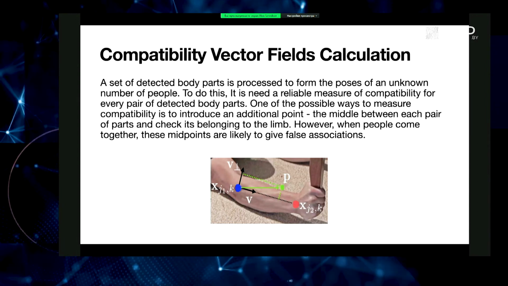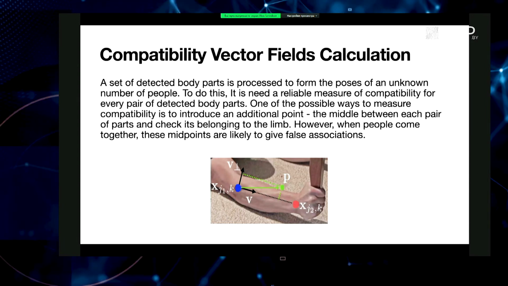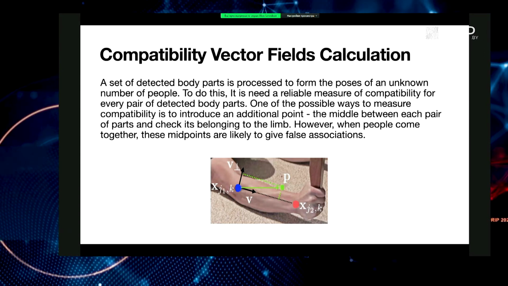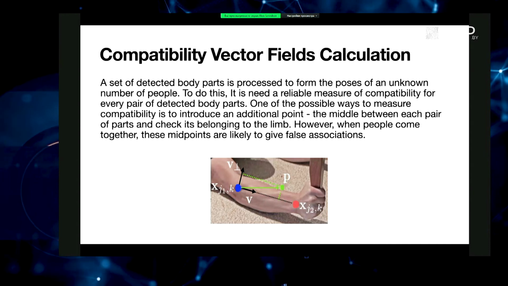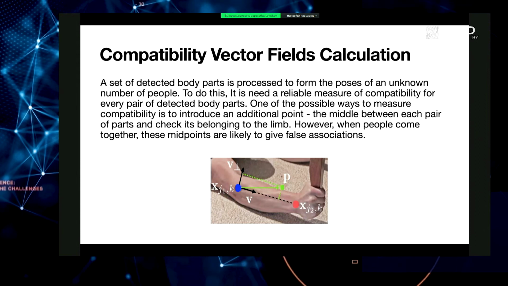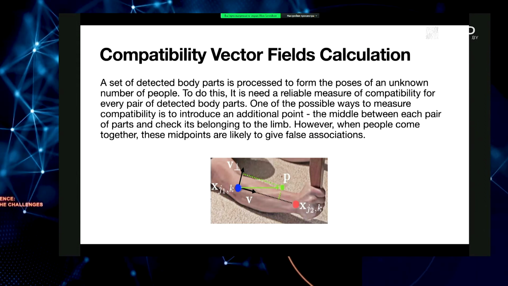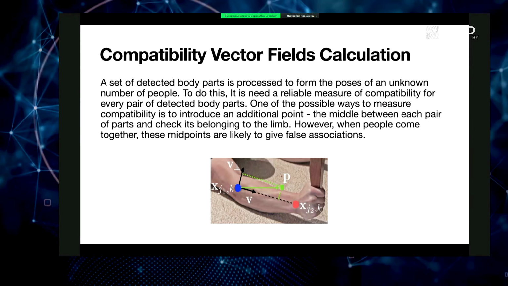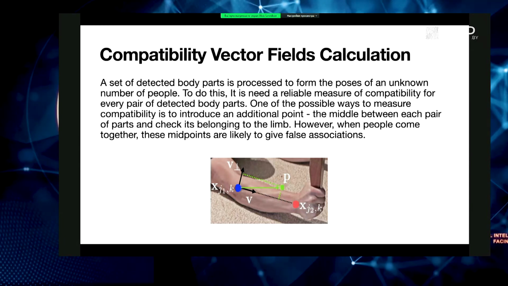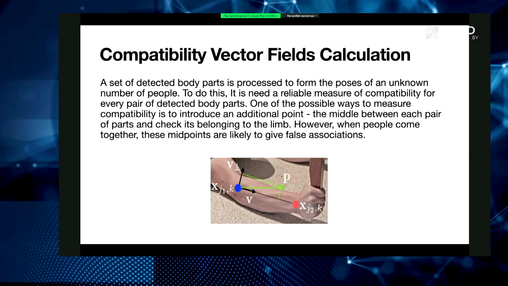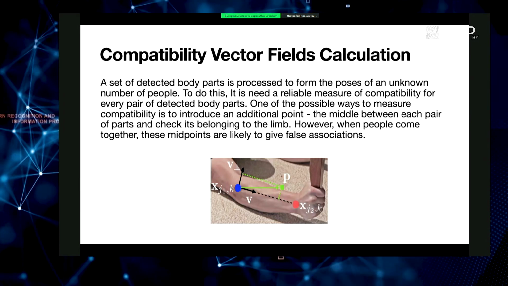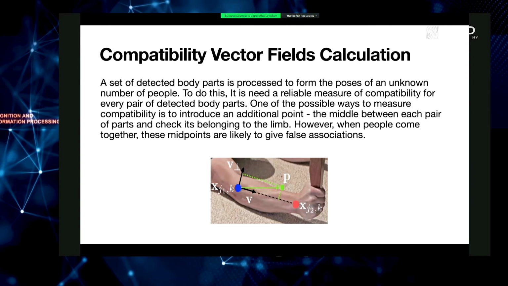We add one more middle point P, and it is a vector. We try to understand if it lays in the area of the body part in the image. If it does, then we understand the direction of the body part, and we understand that the blue point can match the red point. That is done for every body part.